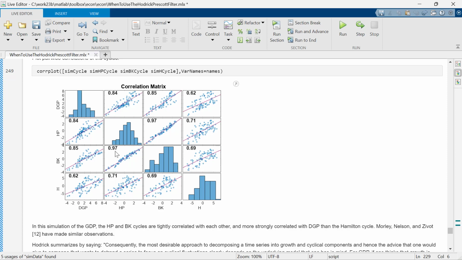But if we look at the correlation between, say, the HP filter and the Hamilton filter, which would be here, we get a much lower correlation.